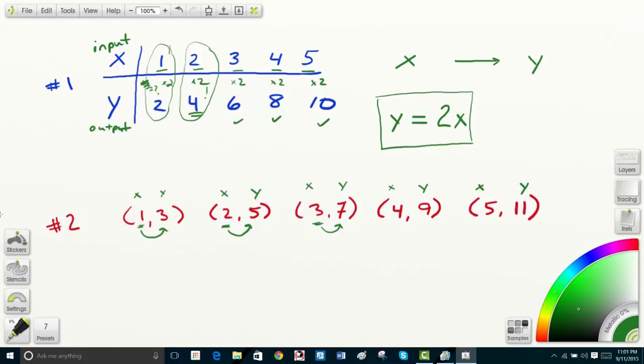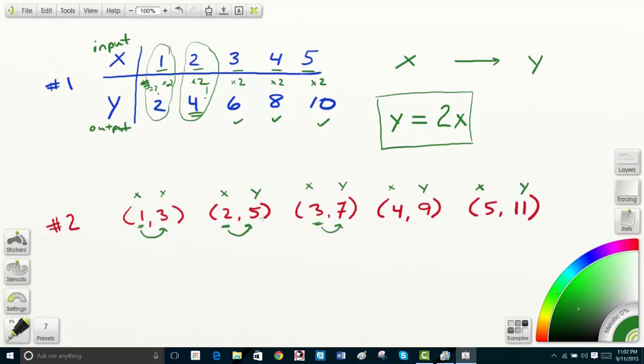In this case, I could try adding 2. 1 plus 2 is 3. Well, let's try that out in the next one. 2 plus 2 is not 5. Okay, so the adding idea didn't work. Let's try multiplying. 1 times 3 equals 3. Try it here. 2 times 3 equals 6.